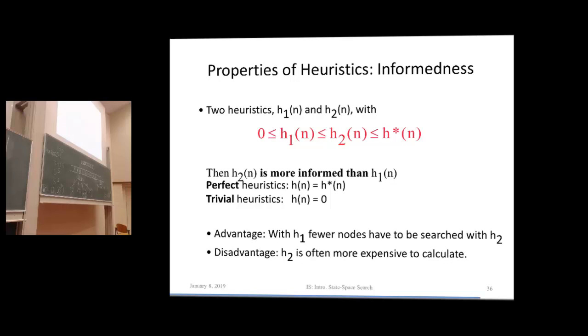So then we know something about these functions, or we want to know something about these heuristic functions. We can, for example, order them by their quality and how informed they are. So the value that you should assign to a node should be between 0 and the perfect one.